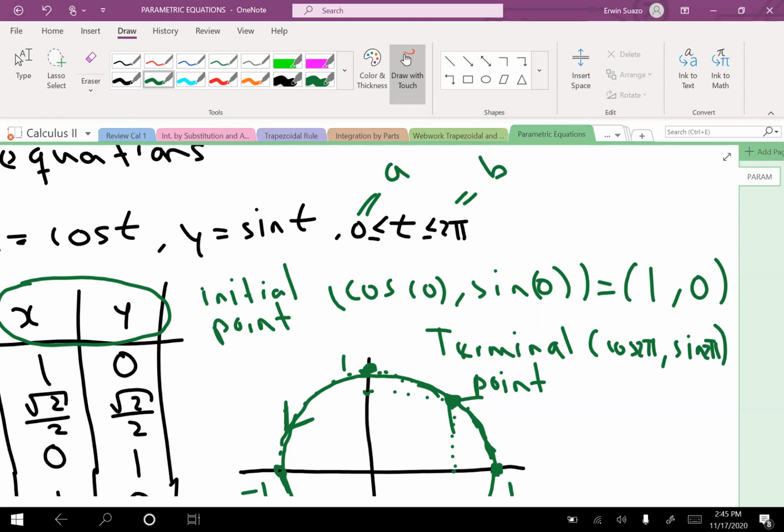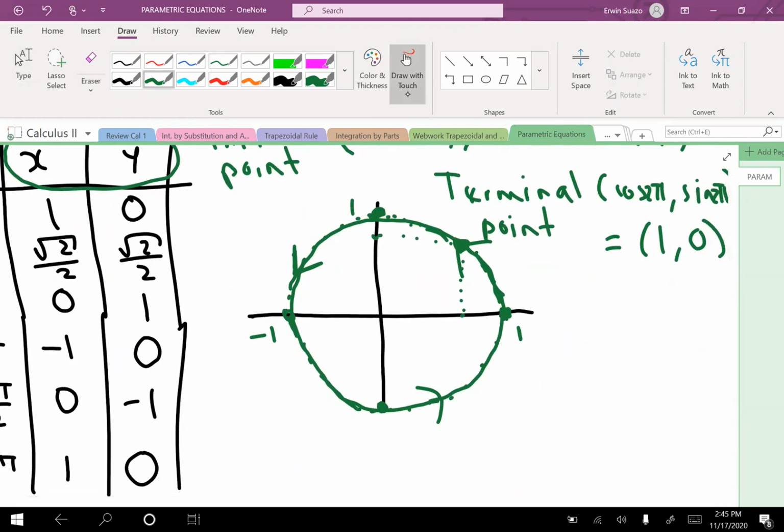Cosine of 2 pi is 1. And sine of 2 pi is 0. So that's why you finish where you started. So you start here, and then you end at the same point. This is usually called a closed curve. Okay.